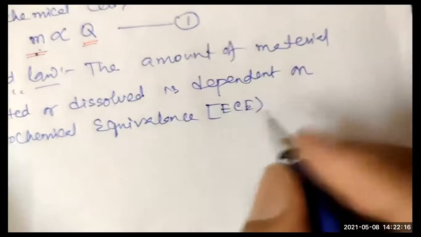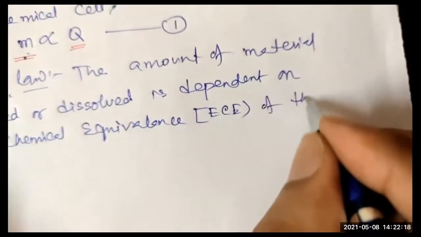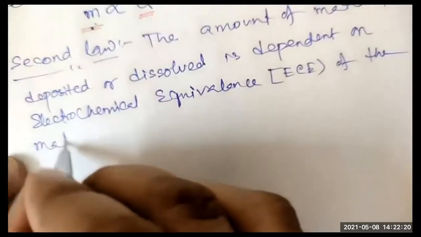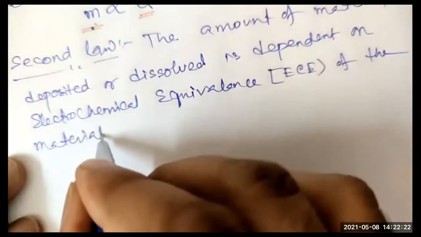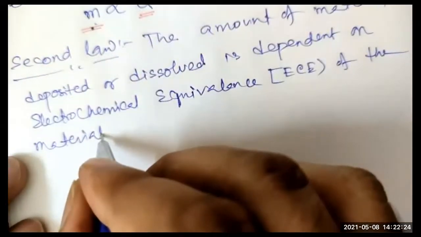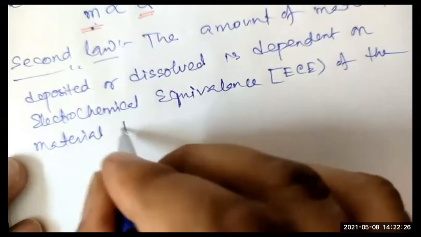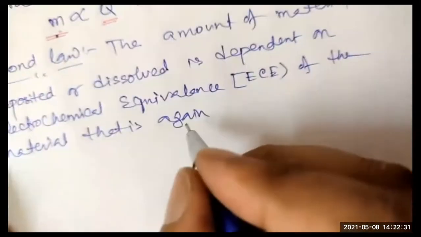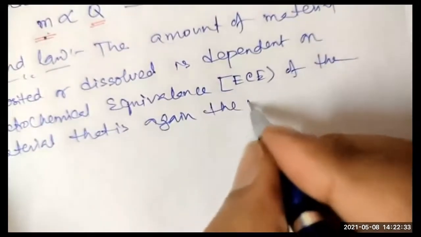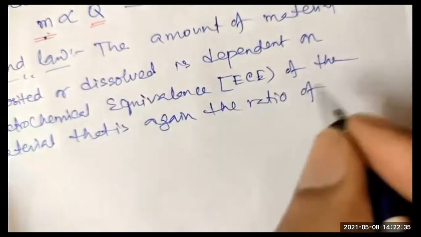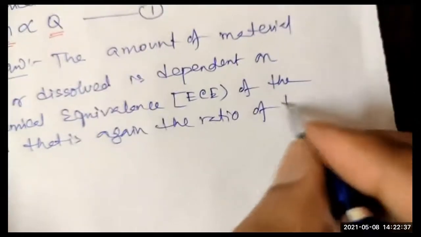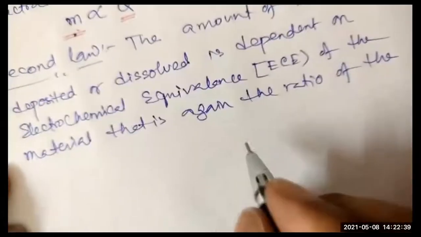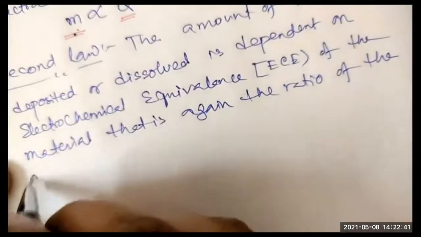Okay, ECE of the material is again the ratio of the atomic weight and valency.